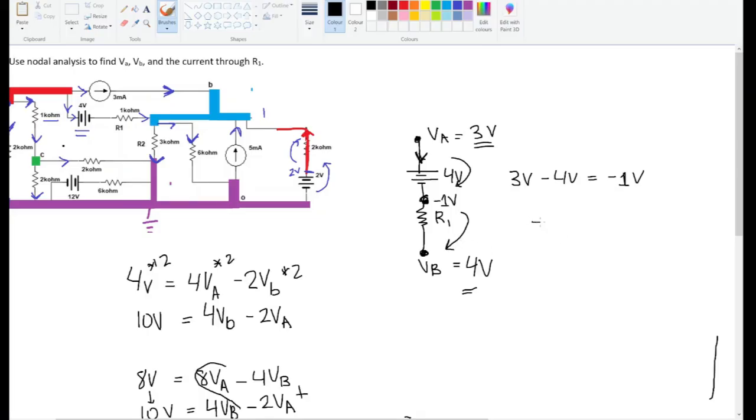Then you have to go from negative 1 volts to 4 volts, right? So you have to take the difference between that negative 1 volts minus 4 volts, right? So you find the difference between negative 1 and negative 4, which happens to be negative 5. That doesn't seem right. So you start off with negative 1, and you go to positive 4.